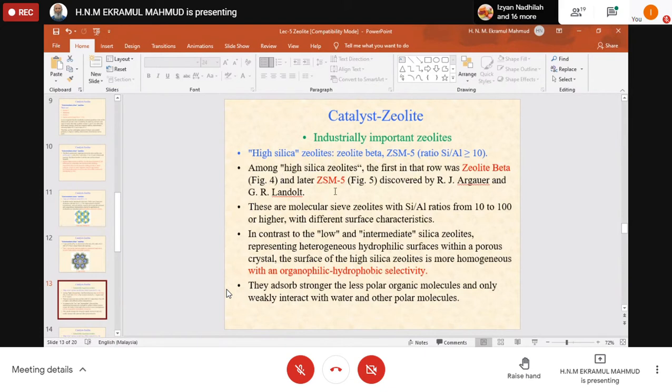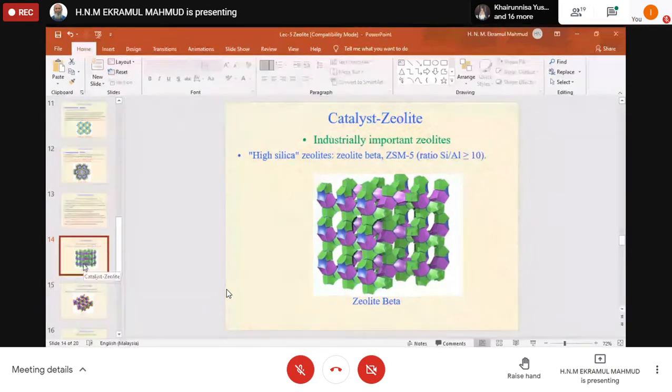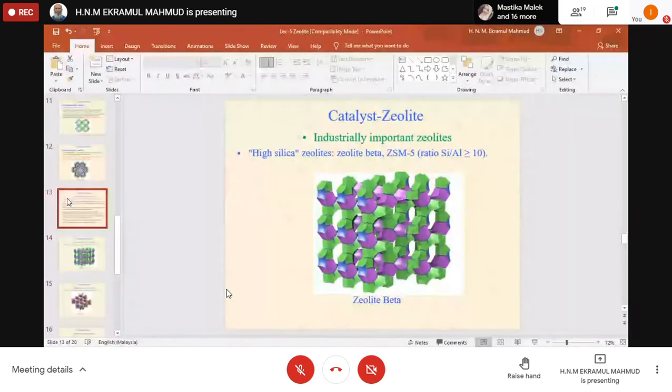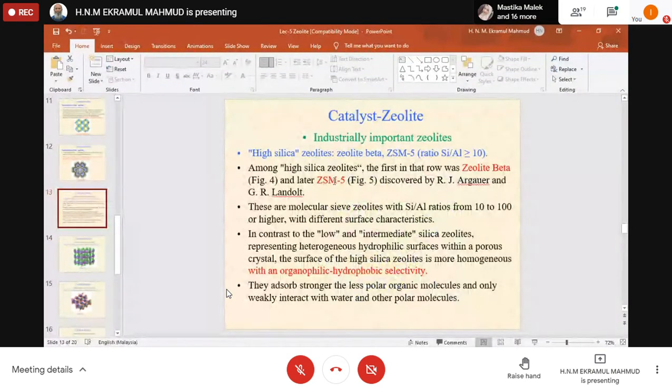So among high silica zeolites, the first in that row was zeolite beta. Figure 4, it is not available. Yeah, zeolite beta, okay. Just we see that. And later, ZSM5 discovered by the scientists Argauer and Landolt.